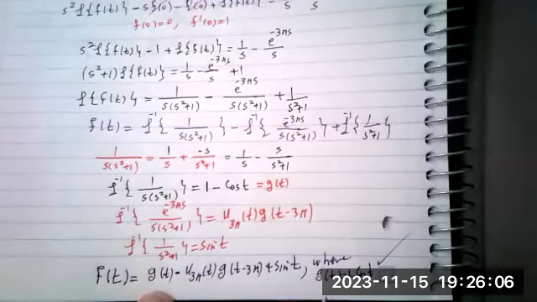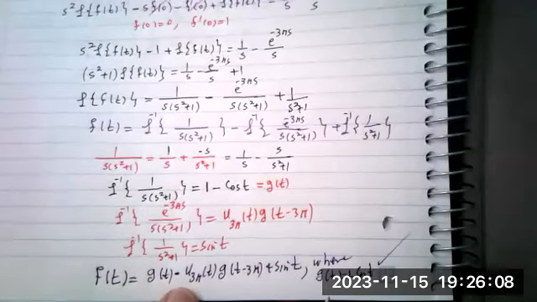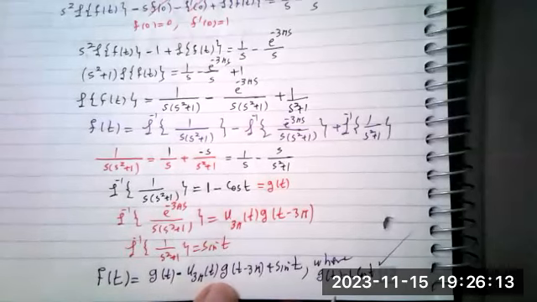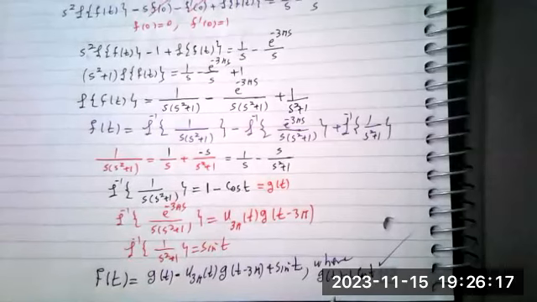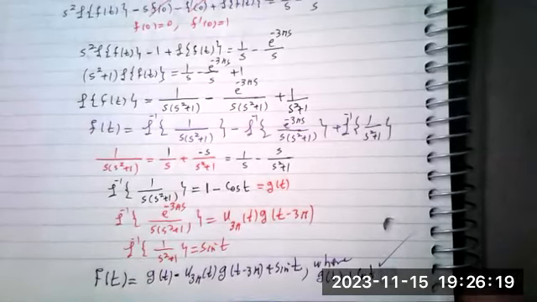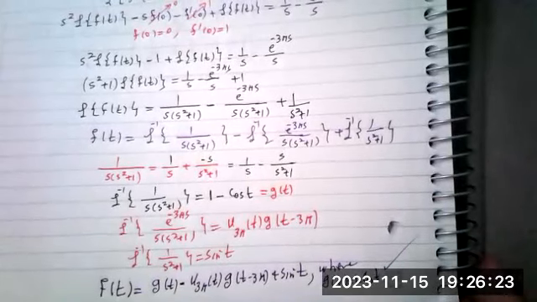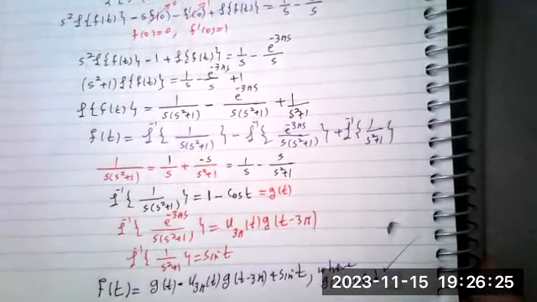Otherwise it's going to be 1 minus cosine t minus u at 3 pi times 1 minus cosine of t minus 3 pi. It's going to be the same thing. So make it short for yourself, going through these numbers, and then we are done with this one.